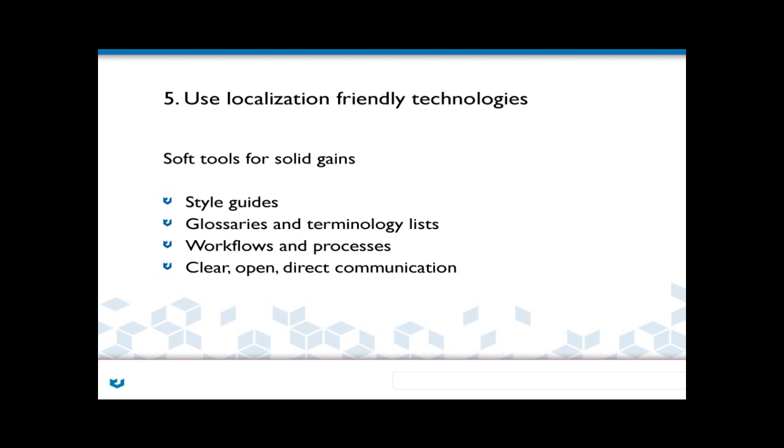Your translator may be well-versed in your industry, but they may not know every little detail about how your company approaches what it does. And having these glossaries and terminology lists in place will really help make sure that you're getting the correct translation, not only for your target audience, but for your company's image toward that target audience.